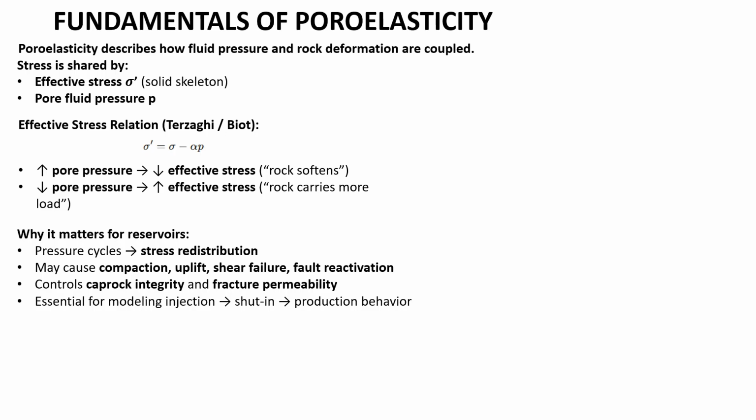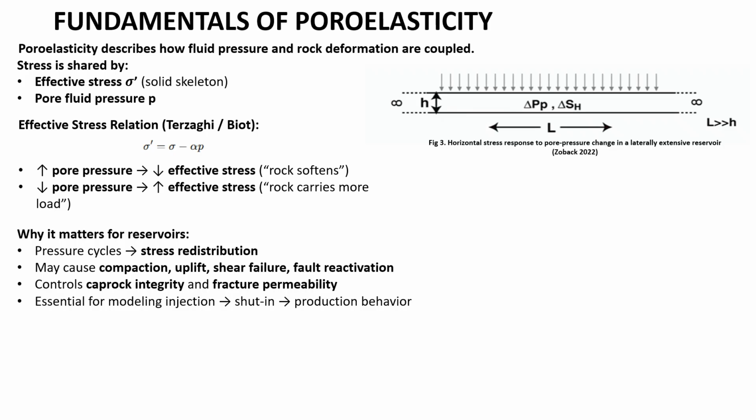So now let's take a look at a practical example, following the approach used by Zoback, to understand how pore pressure changes directly affect horizontal stresses. If you look at the figure on the slide, let's imagine a laterally extensive reservoir, something like 5 to 10 times wider than its thickness.